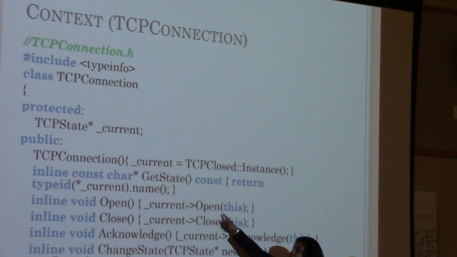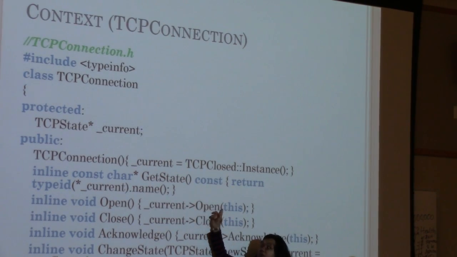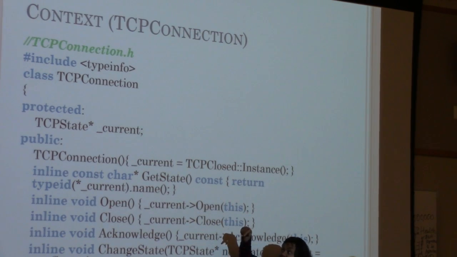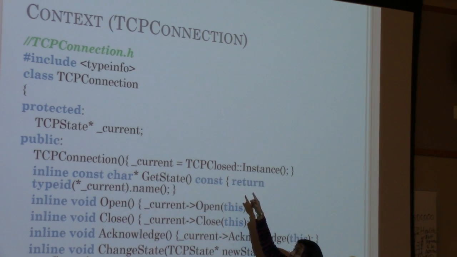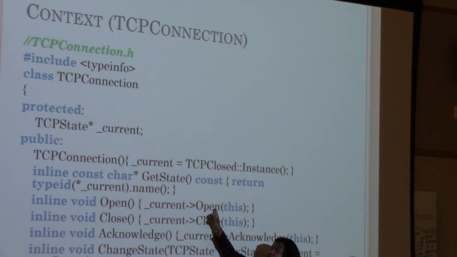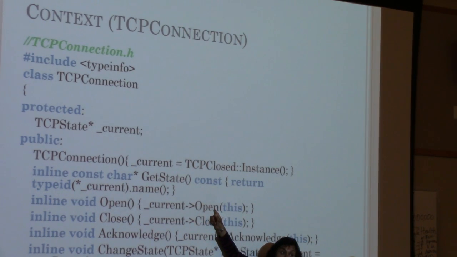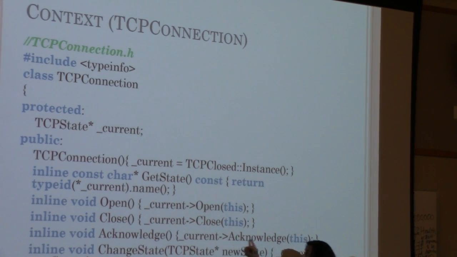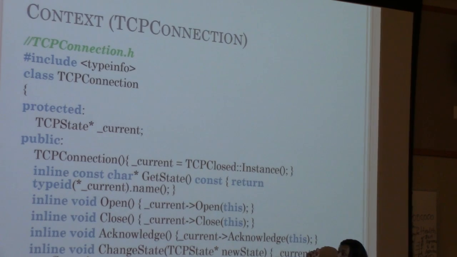Now here, this is your polymorphic call. Because which open will be called will depend on where it is pointing. If this is the first time the open is called, then it is calling the open of the TCP closed. Okay? Same idea with close, acknowledge, calls the acknowledge.